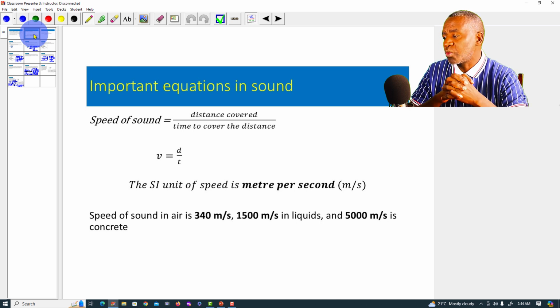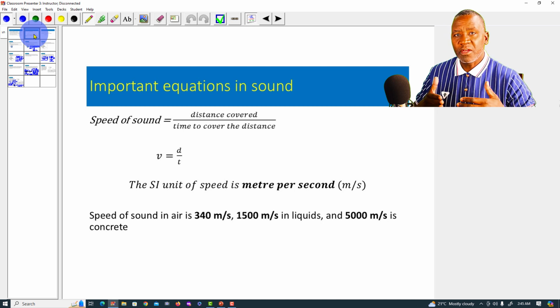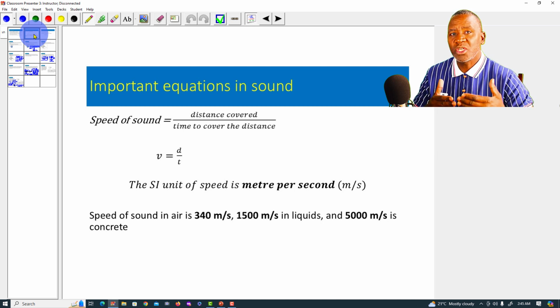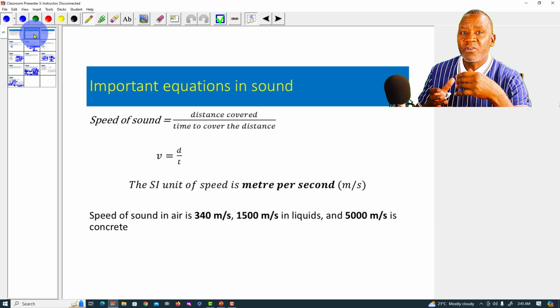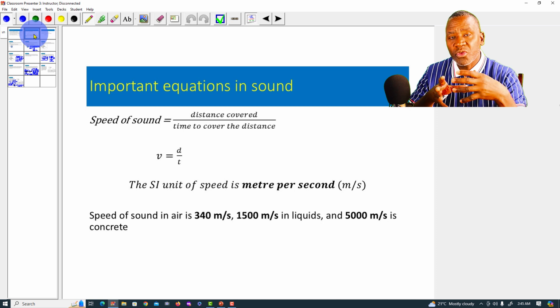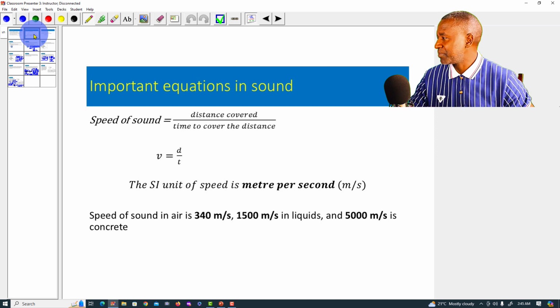For instance, in water, 1,500 meters per second, so it is a bit higher, and about 5,000 to 7,000 meters per second in concrete or solids. So we can see here that the speed of sound depends on the medium through which it travels, and this is a fact for any wave. The speed of a wave depends on the medium through which it travels.